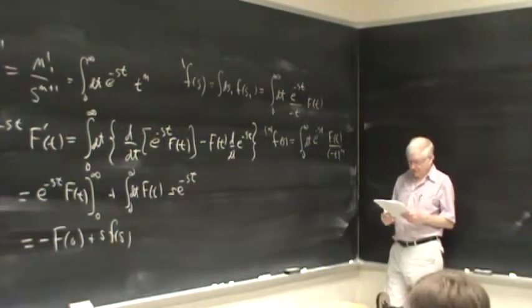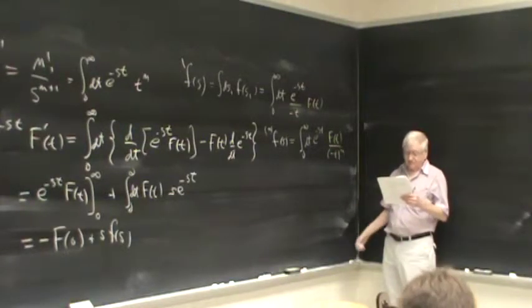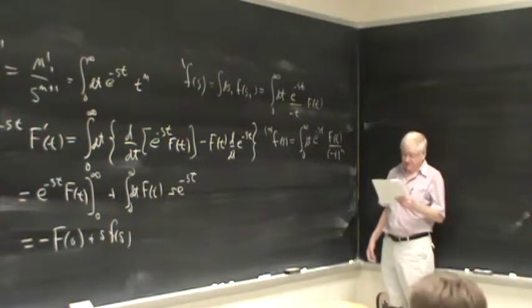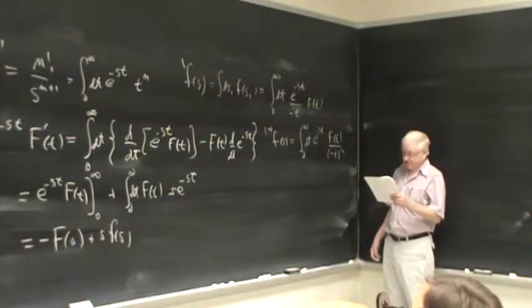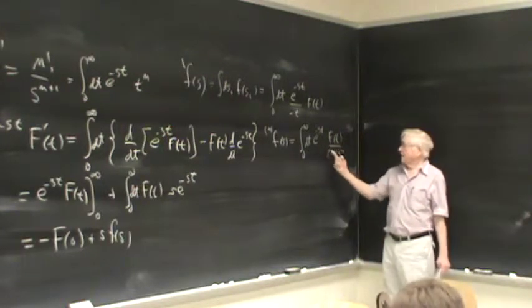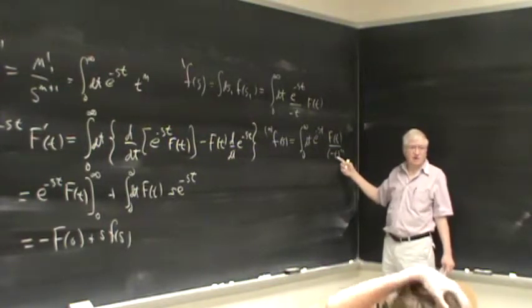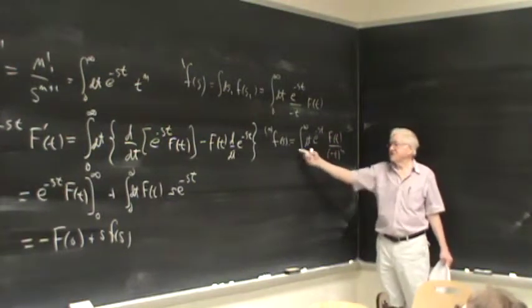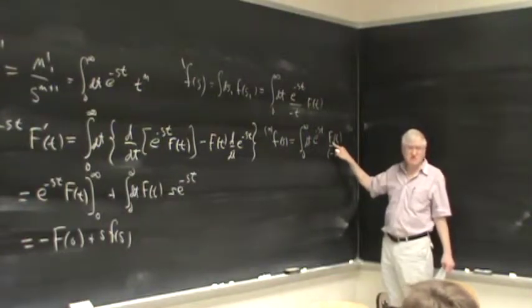Now, these integrals are usually well defined, except maybe at s equals 0, and the idea is that the problem that occurs here is that as t goes to 0, we've got a 1 over t to the n, and so for these indefinite integrals to be well defined, f has to be suitably small at small t.